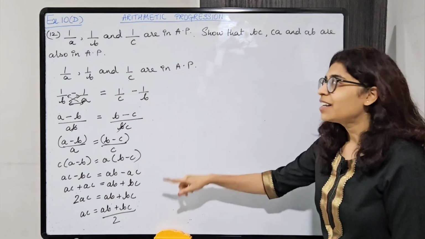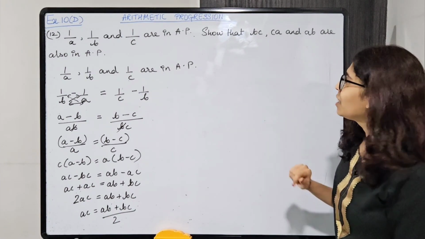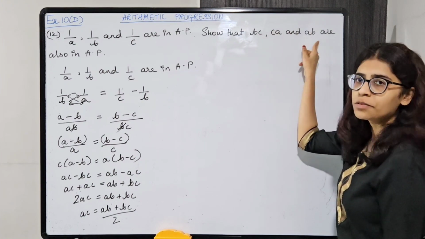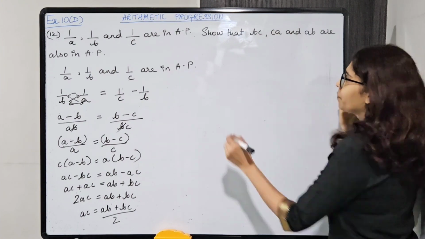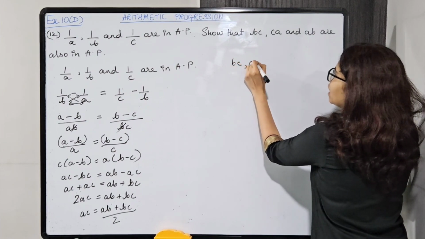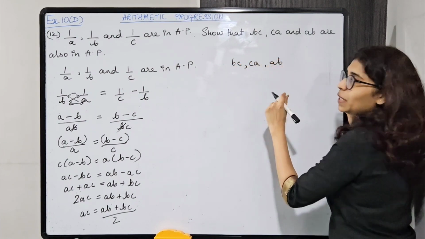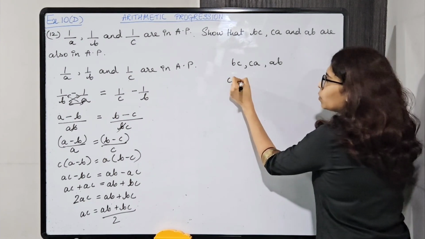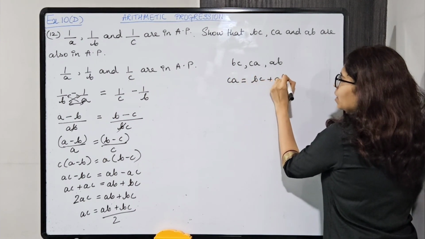Now we are getting the answer. We need to prove that CA is the arithmetic mean between the 2 terms. है ना? BC, CA and AB अगर AP में है, then CA will be equal to BC plus AB upon 2.